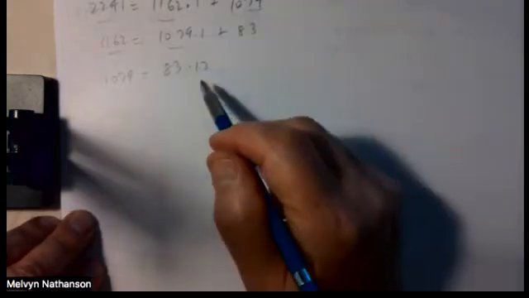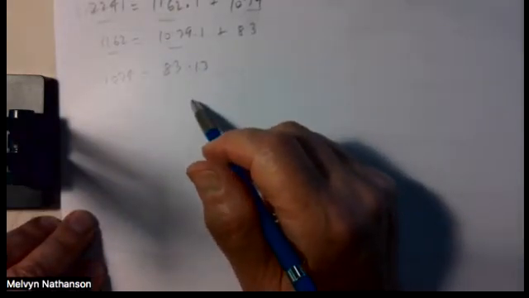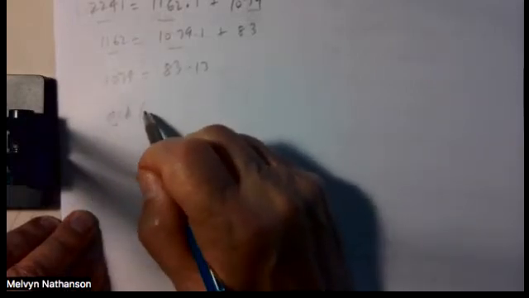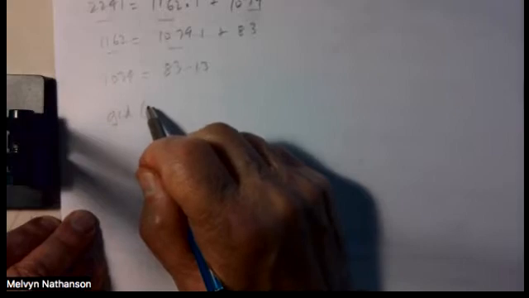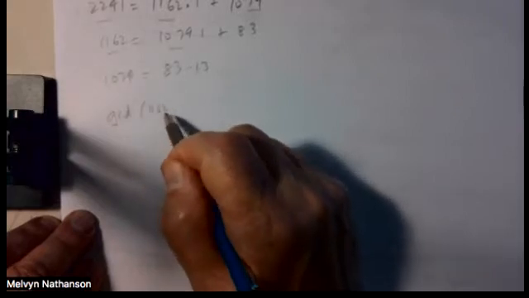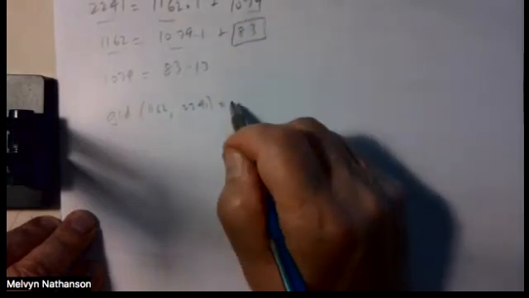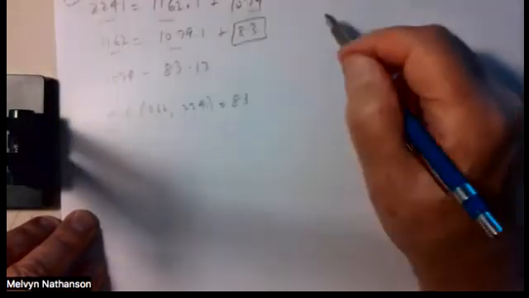So the GCD of 1162 and 2241 is the last positive remainder, 83.